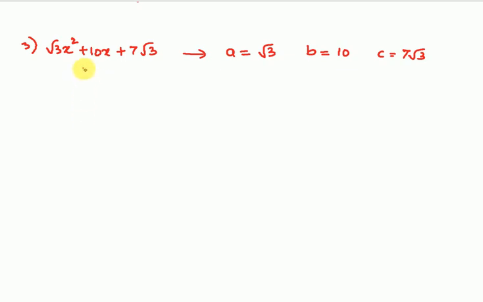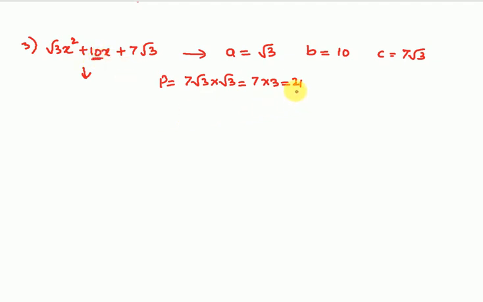So for that we need to factorize this equation. We have to split the middle term. The product needed is root 3 into 7 root 3, which is 7 into 3, 21. And the sum of two numbers required is 10.